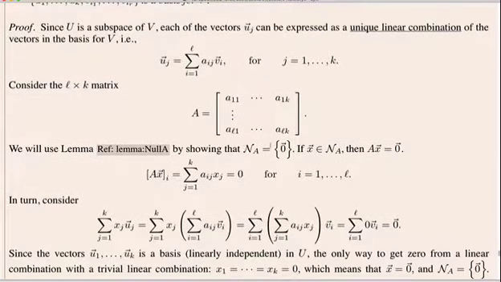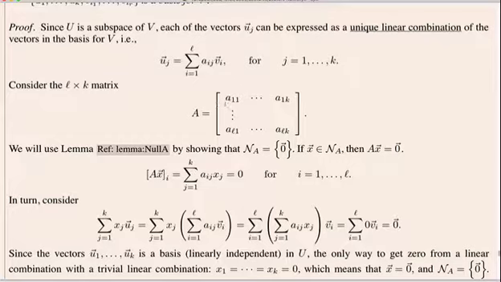So for that we have to show that the null space of A is 0, or contains only the 0 vector. Let's assume that we have a vector x in the null space. That means Ax is the 0 vector by the definition of the null space. Let's write out the general ith entry of this Ax vector.